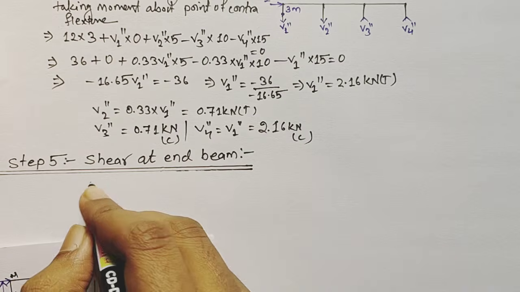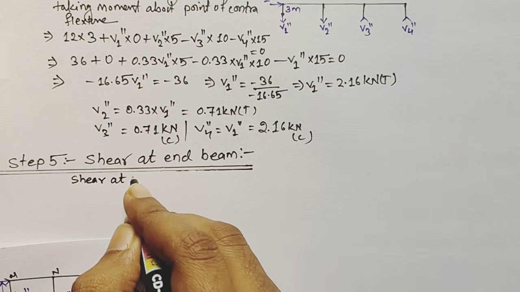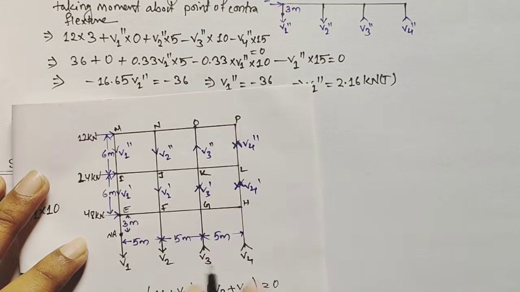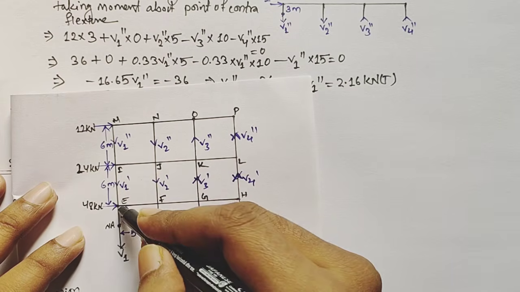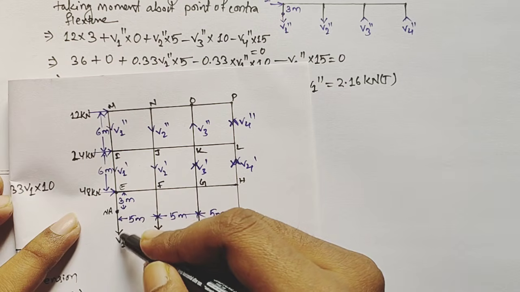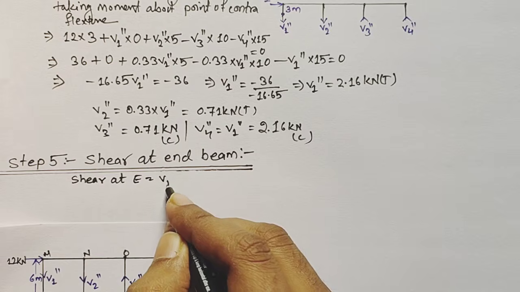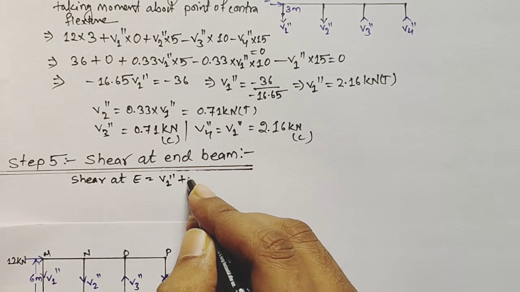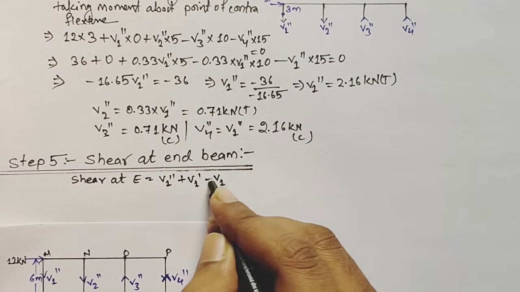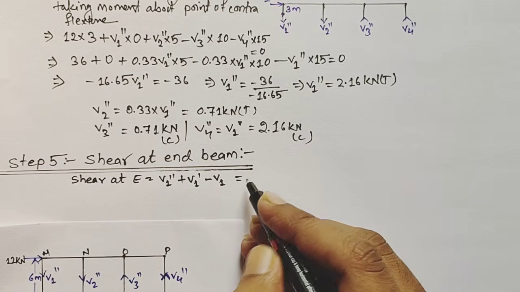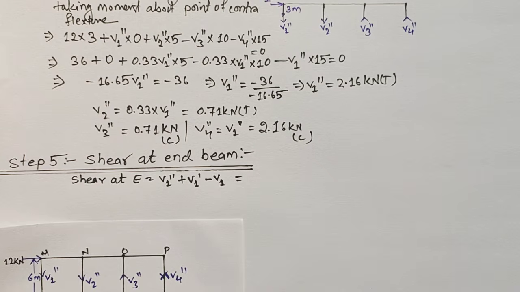So I am going to write here shear at E will be equals to, now see here in the diagram, V1 double dash and V1 dash are moving towards the point E. Similarly, V1 is moving away from the point E. So V1 will be negative and V1 double dash and V1 dash will be positive, and V1 will be subtracted from this value, and we already know the value of V1 double dash, V1 dash and V1. So put the value and find the answer.